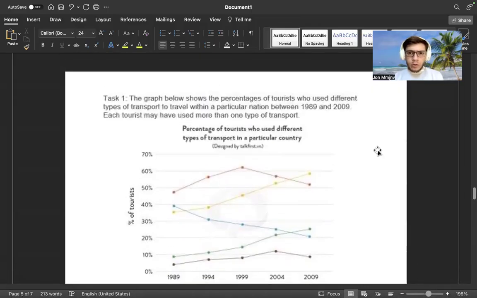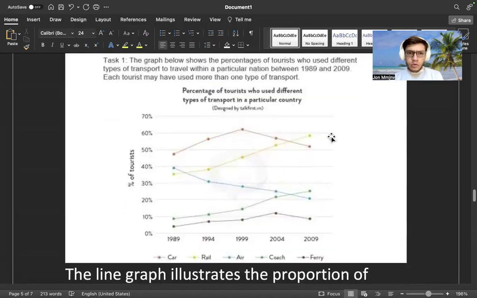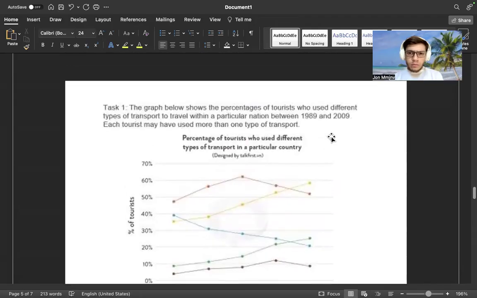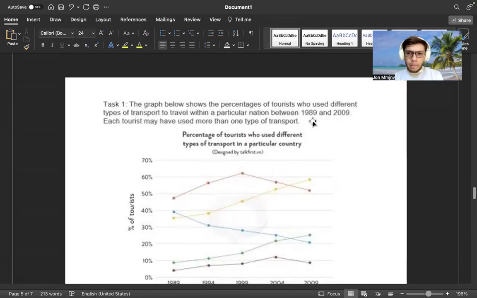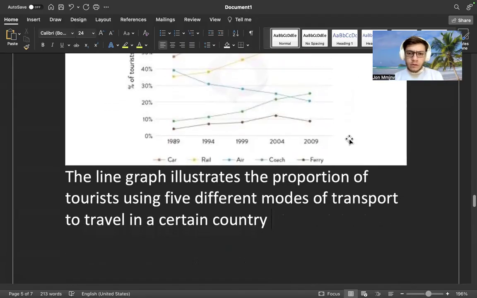Is it from or between? Okay, between. Okay, from 1989 to 2009.